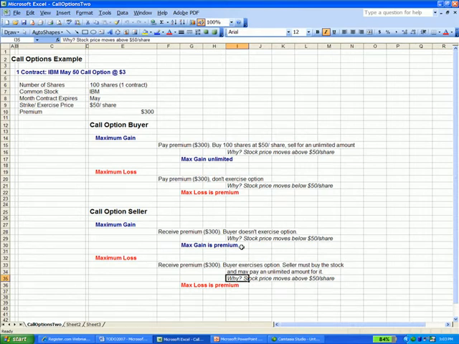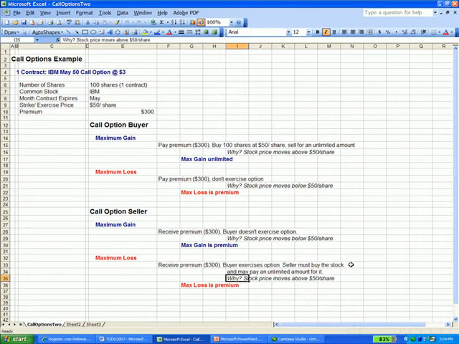The last part of the example is where things become complicated. How much can that seller of the option lose? Well, he still receives a premium, but in this case the buyer exercises the option, which means he's going to buy the 100 shares at 50, and the seller has to come up with 100 shares to deliver to the buyer.